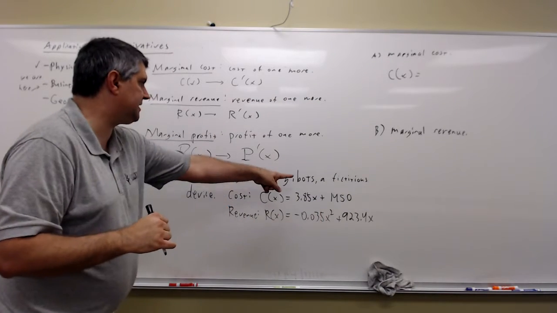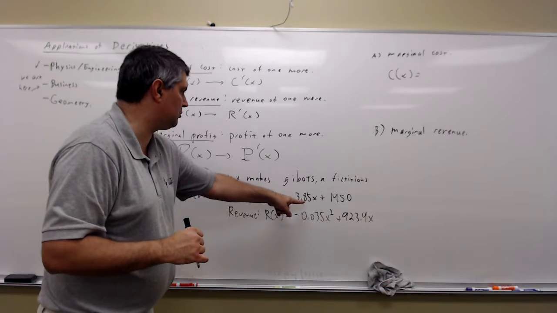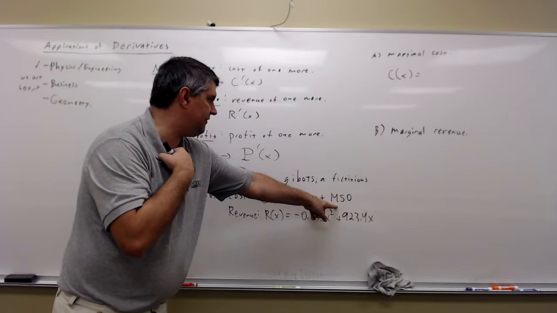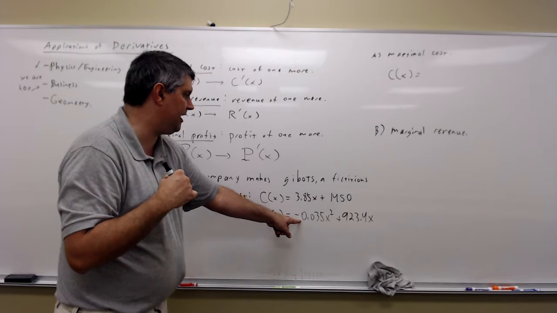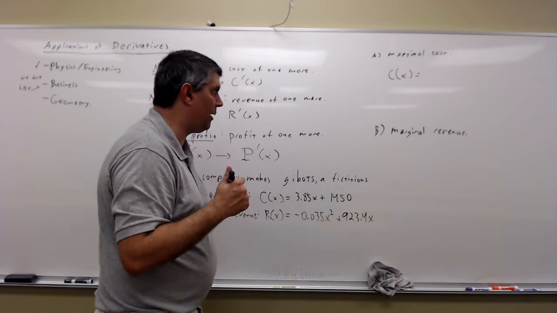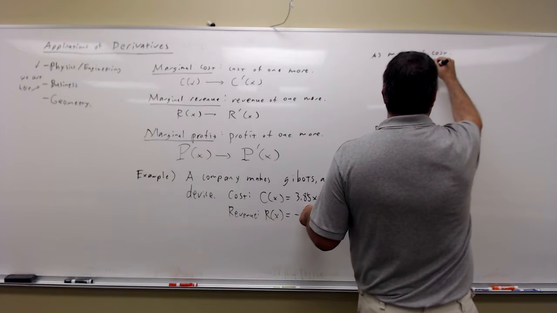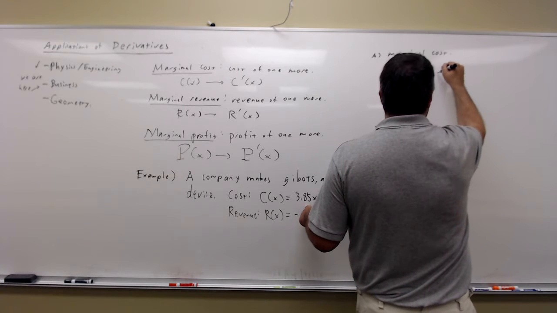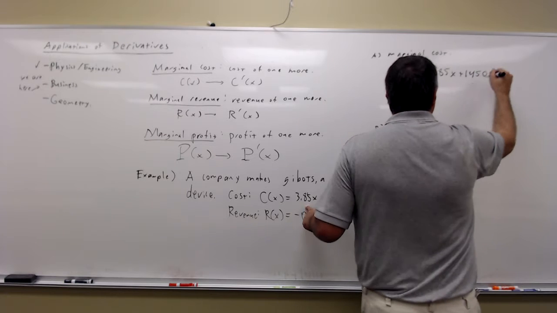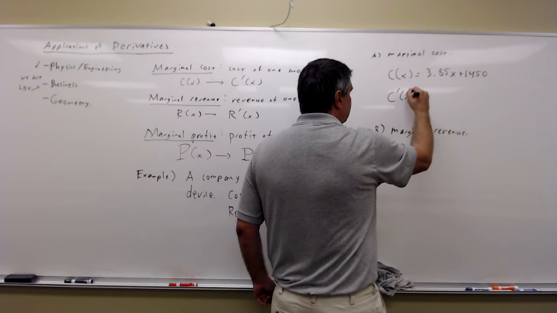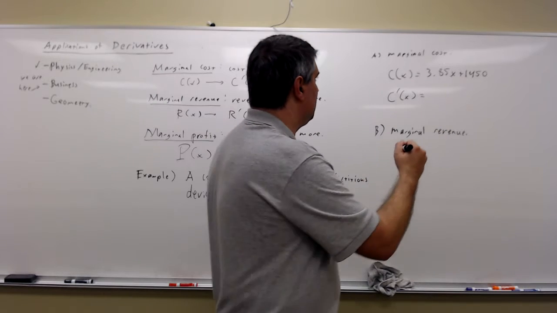So a company makes Gibbets, a fictitious device. The cost function is C of X equals 3.85X plus 1450. Revenue, R of X, is negative 0.035X squared plus 923.4X. So if the cost is 3.85X plus 1450, then C prime of X, the marginal cost, is going to be the derivative of this.